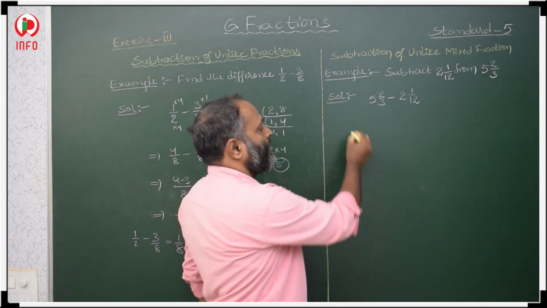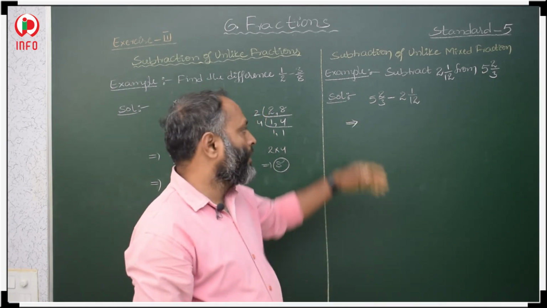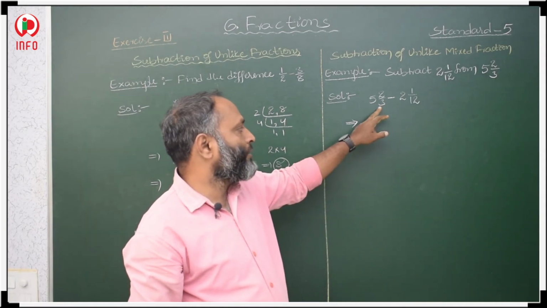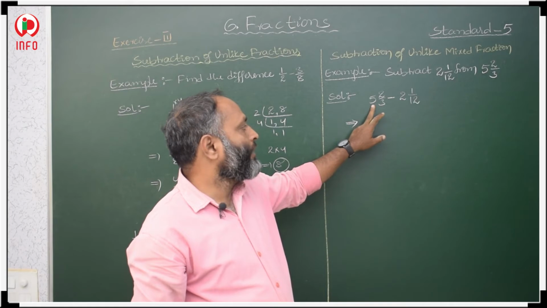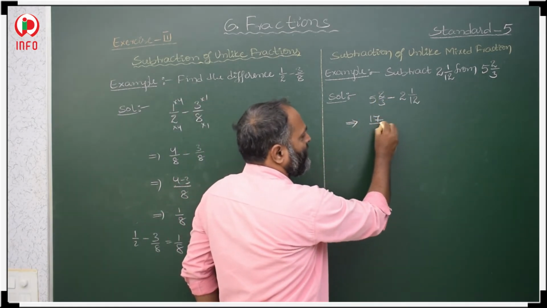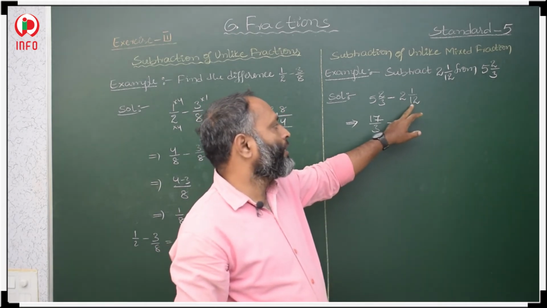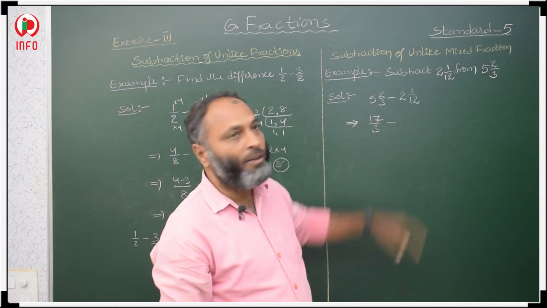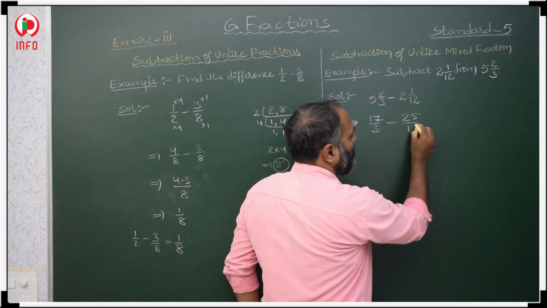Now we have to convert these mixed fractions into improper fractions first. 3 fives are 15, multiply denominator with whole number, 15 plus 2 is 17, so 17 by 3. Then minus, 12 twos are 24, 24 plus 1 is 25, so 25 by 12.